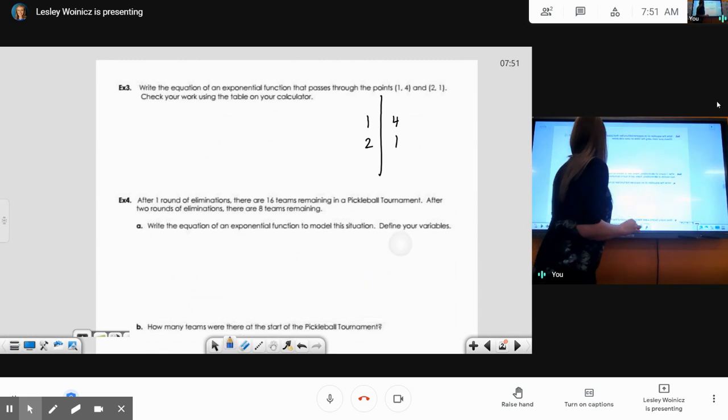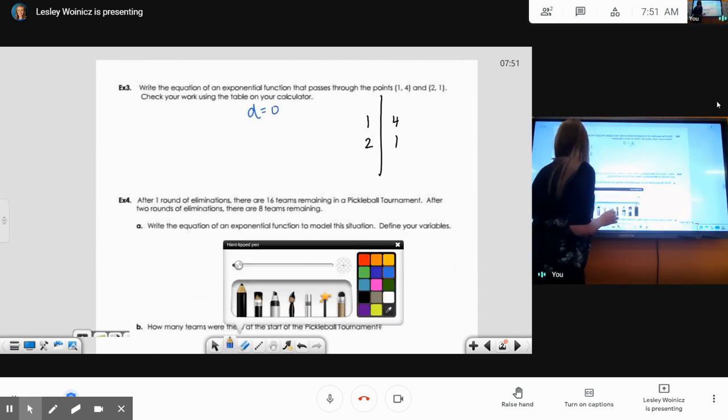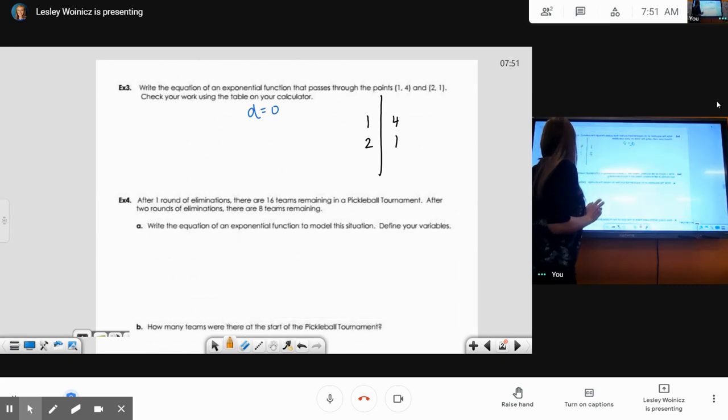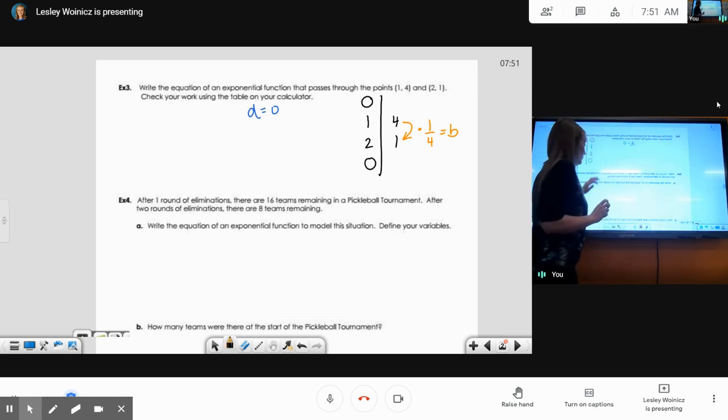So we already know that D is 0, because that's what I told you. And to get from 4 to 1 multiplying, I have to multiply by 1/4. So that's my B. Now, am I going to put the 0 here or here? Well, 0 does not come after 2.